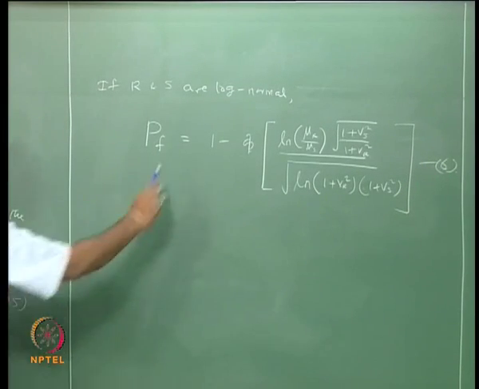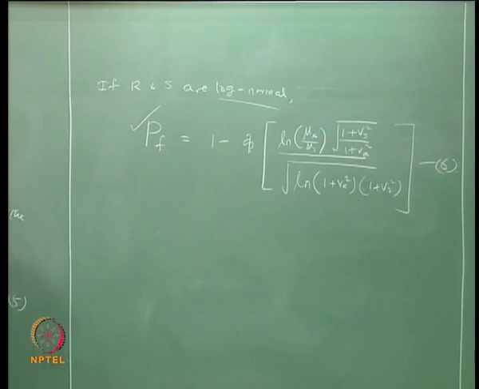If they are log normal, we have this equation. If they are normally distributed, we have the other equation.